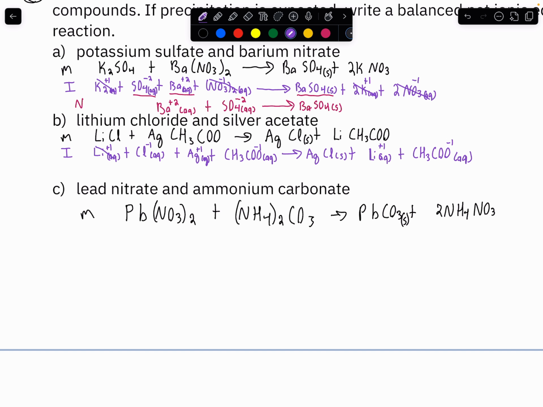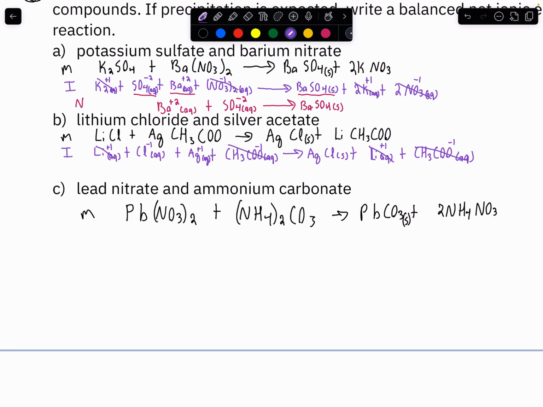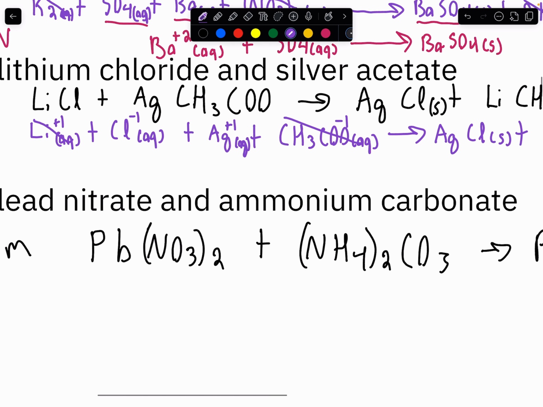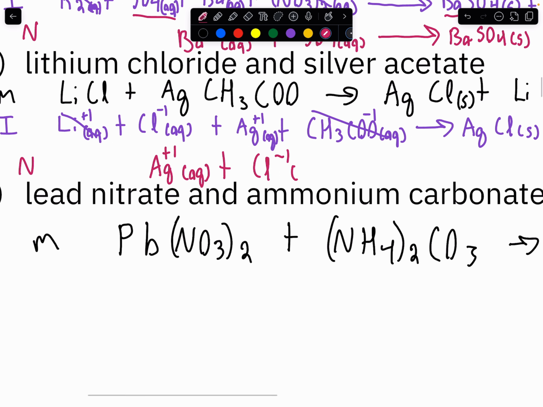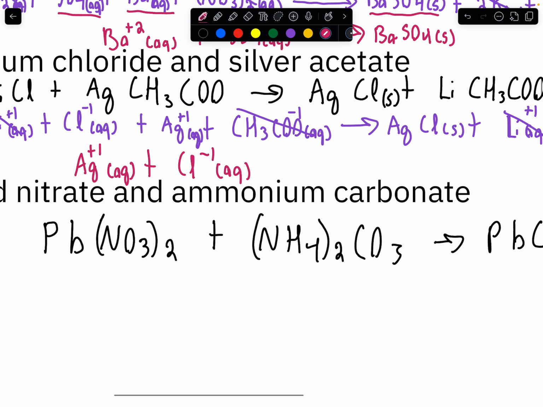So we can cancel out our lithium and our acetate, which leaves us, and again for consistency, I'm going to put N right here to mark our net ionic: silver +1, aqueous, plus our chloride gives us our silver chloride solid.